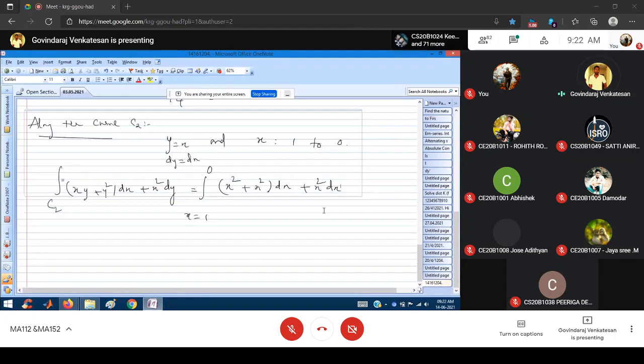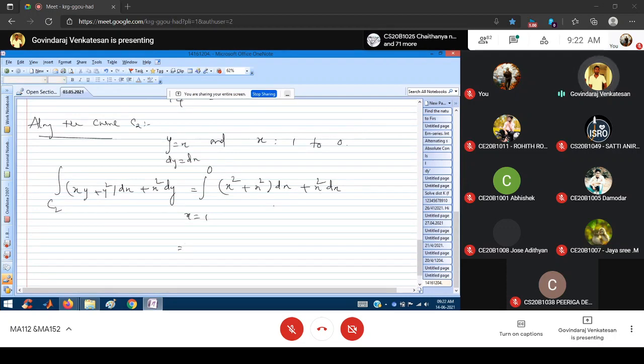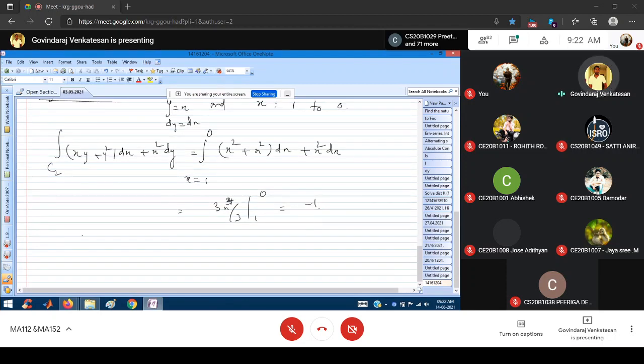Simplify this one: total 3x square, so 3x cube divided by 3, running from 1 to 0. So the value is -1. Therefore the left hand side, the integral over C of phi dx plus psi dy, is nothing but 19 by 20 minus 1. So the answer is -1 by 20. We note that as equation number 1.